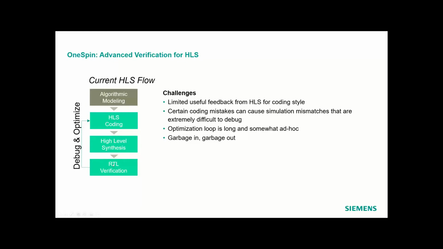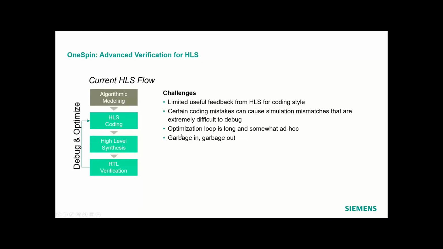Why? Because the generated RTL is very unreadable since it is generated by the synthesis tool, and it is very difficult to find the issue in the RTL code and then port back to find the root cause in the original SystemC code.